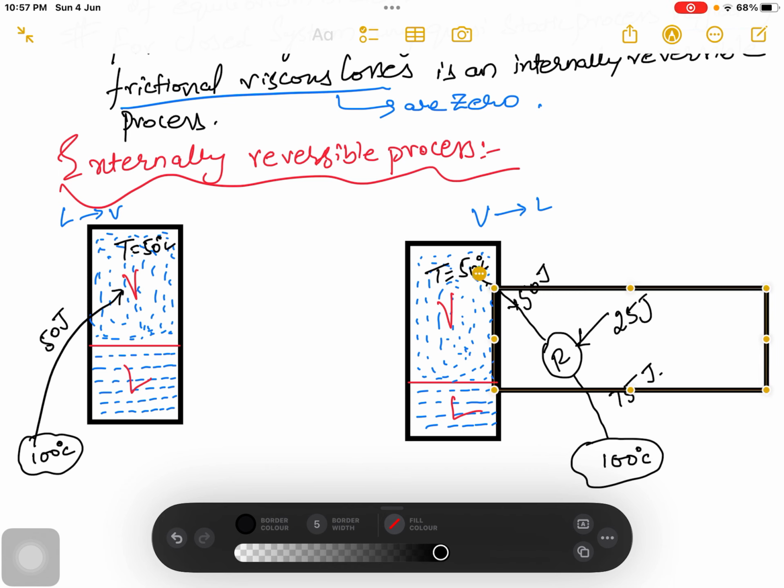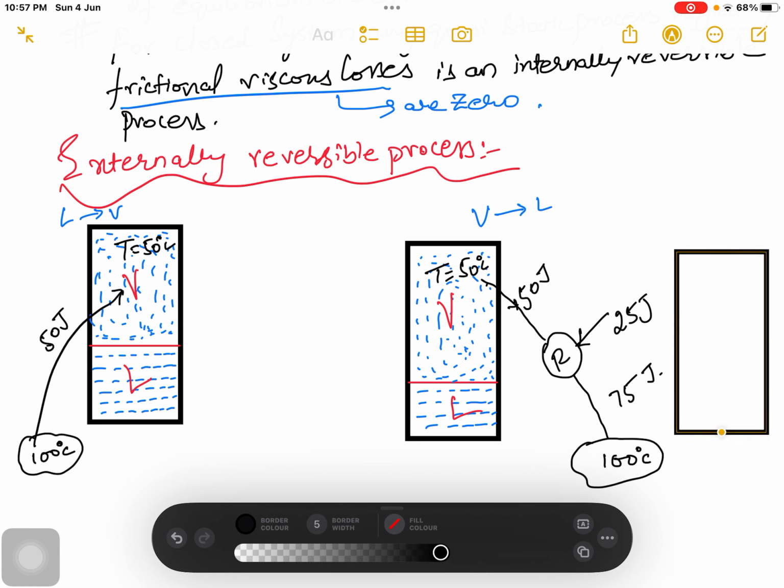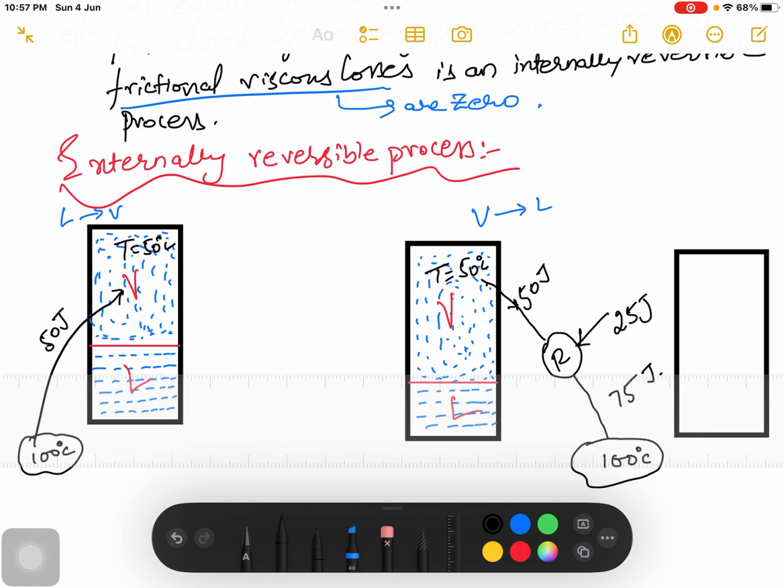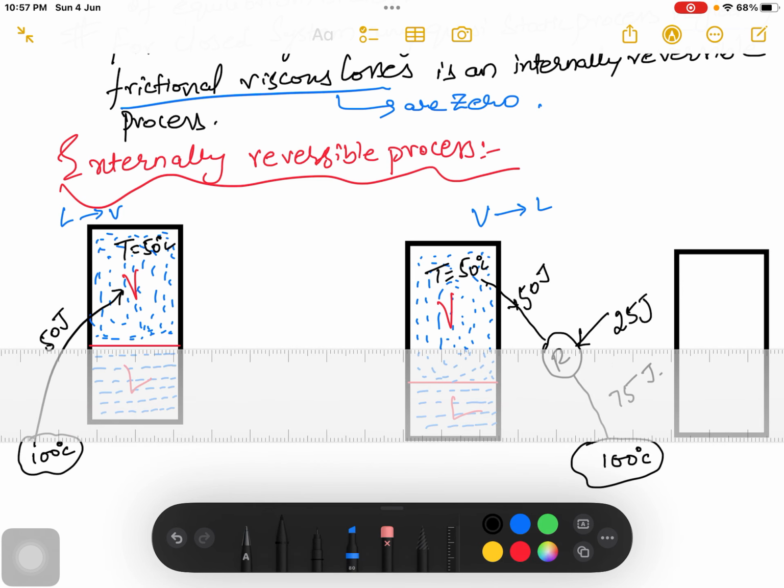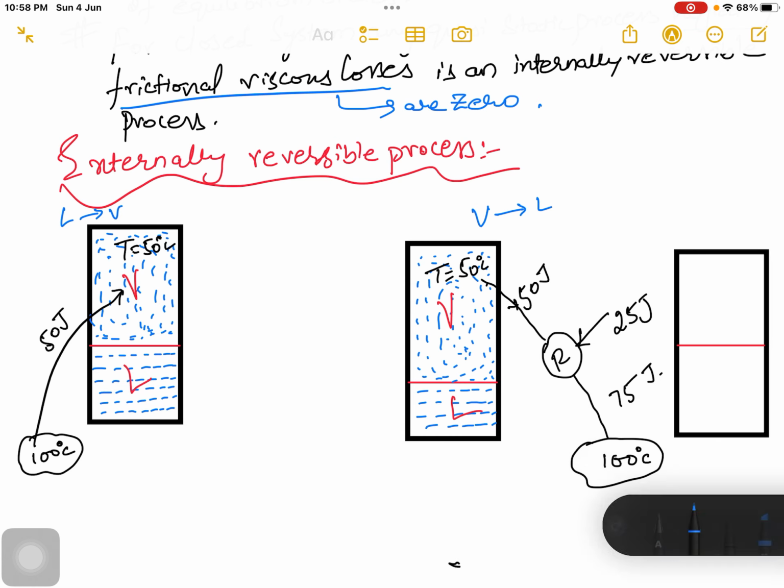So what happens further is I will get the same level of liquid that I had previously.